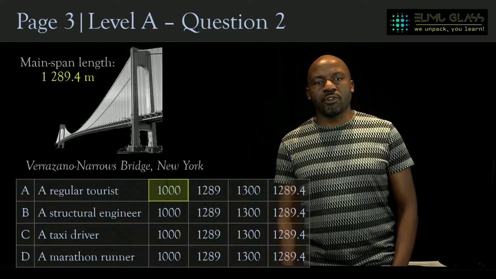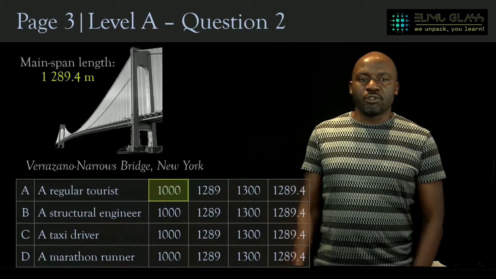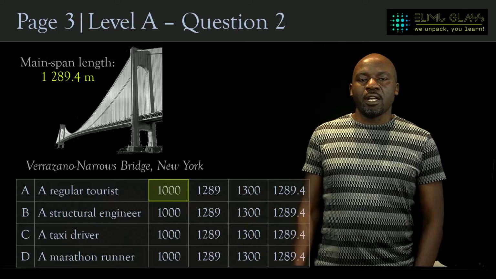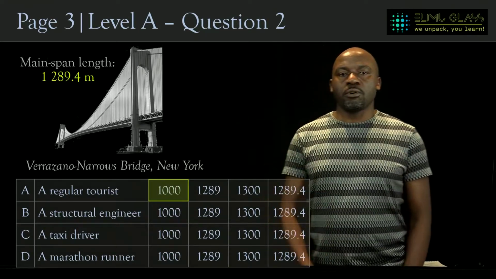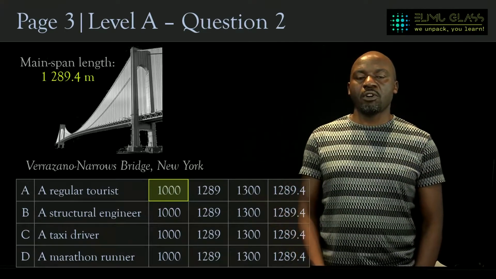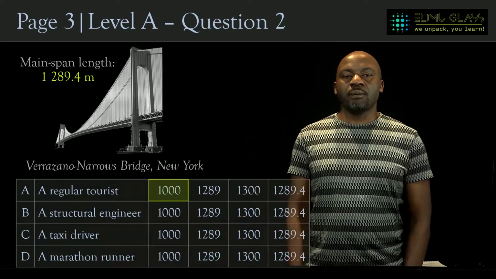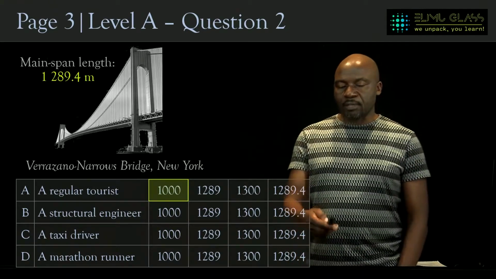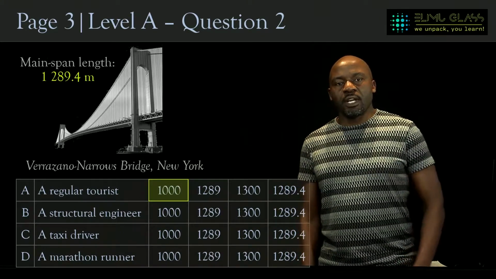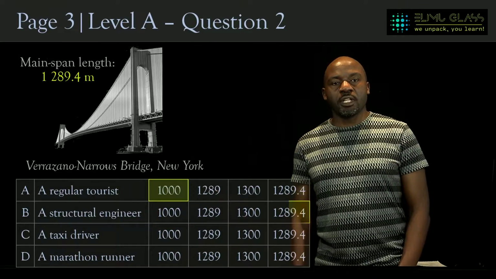When it comes to a structural engineer, this fellow needs more detail, because for structural engineers a small margin of error can cause something like a bridge to collapse, so they want exact figures. If they were going to map this, or use these same measurements to build another bridge elsewhere, they want exact figures, so a structural engineer is likely to give the figure to 5 significant figures, which is the last reading there.